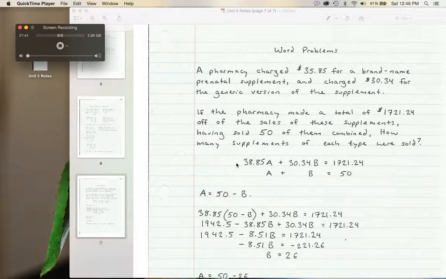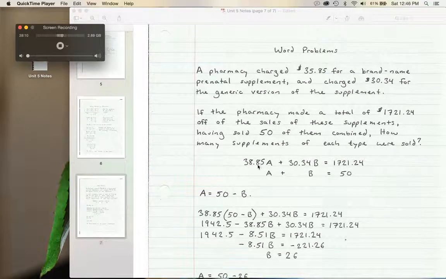Setting up a system of equations from a word problem is by far the toughest part of these types of problems. And I can tell you right now that the ones that we will look at will follow certain patterns. So if you get some practice setting up these problems, they will always work in very similar ways. You will always have multiplication and addition in your first equation.